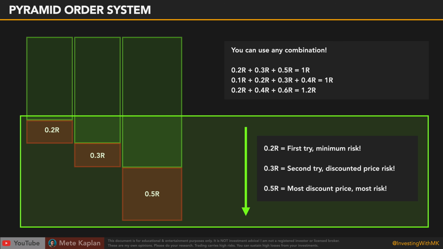You can create 5 orders or 10 orders. You can start from 0.1R. It does not matter. What matters is that the total risk shall not be bigger than 1.5R at any given point. You would never want to lose huge portions of your main capital.